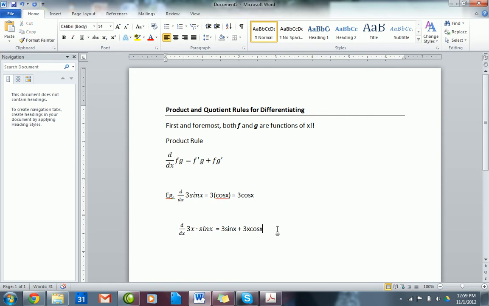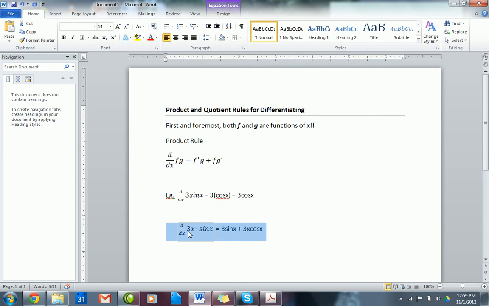So note the difference between this particular problem, 3x times sine x, and the problem 3 times sine x. For the first one, I use the coefficient rule, and although I could use the product rule, I don't need to. It makes it much harder to do so. 3 is a coefficient of sine of x, whereas in this case, 3x is not a coefficient.